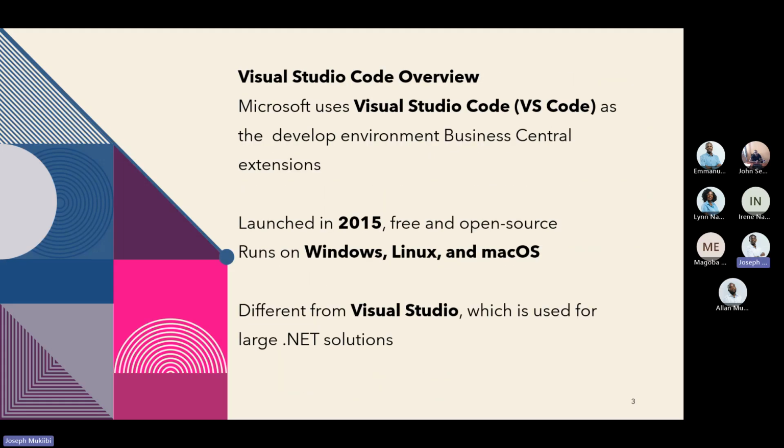So, like I mentioned, VS Code is the official development environment for Business Central. I just put in some information, like when it was launched and on which platform it runs. It runs on Windows, Linux, and macOS. It's different from Microsoft Visual Studio, which is used for largely .NET solutions.